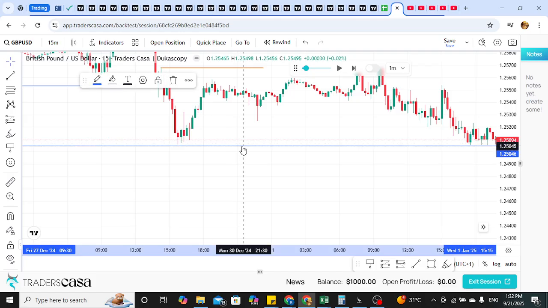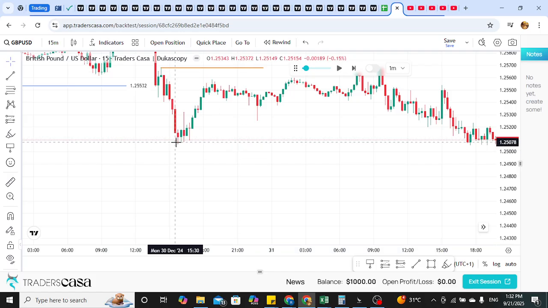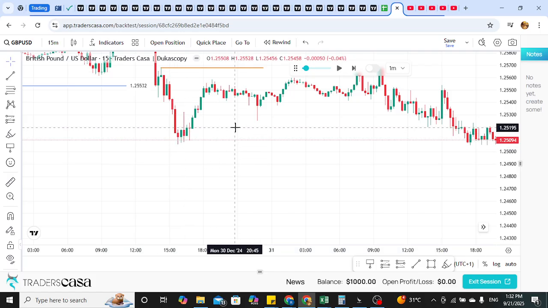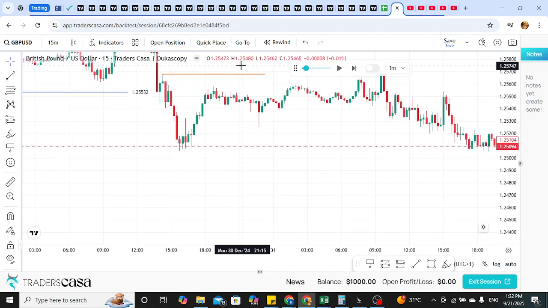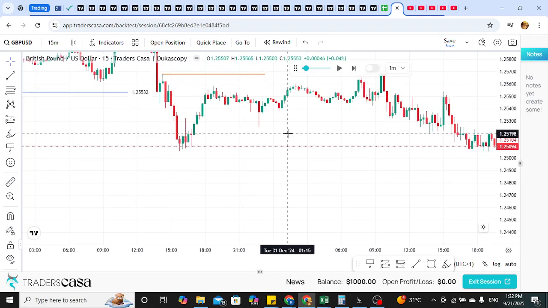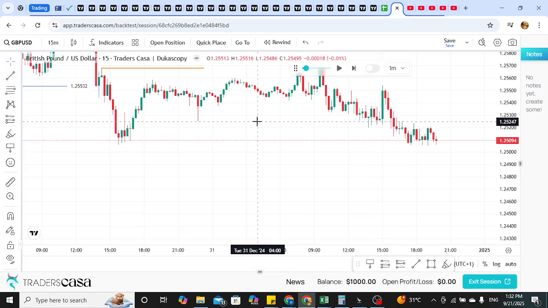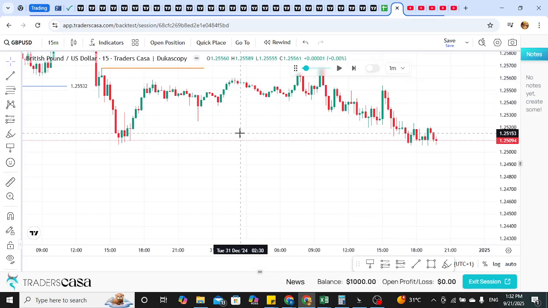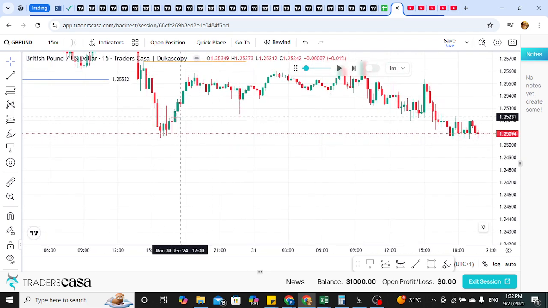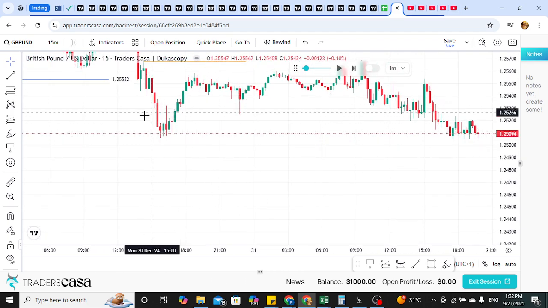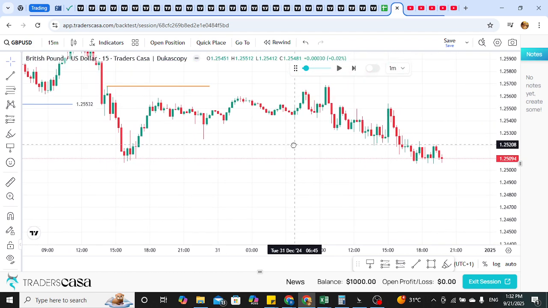Let's take this out. This will not be a low unless the inducement is hit. Okay, because if another low happened, we will take this inducement and look for a pullback on the new low. And this will not be considered as a break of structure.